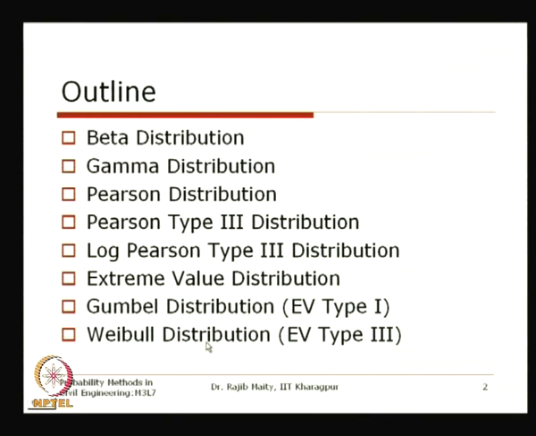There are some more distributions. Before I proceed to the main part of today's lecture, I should mention that there are some more distributions which also will be covered, for example the chi-square distribution, t distribution, and F distribution. These distributions are important not only in civil engineering but in all different problems where we need to test some statistical data.